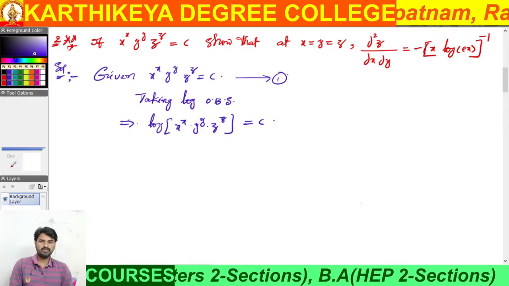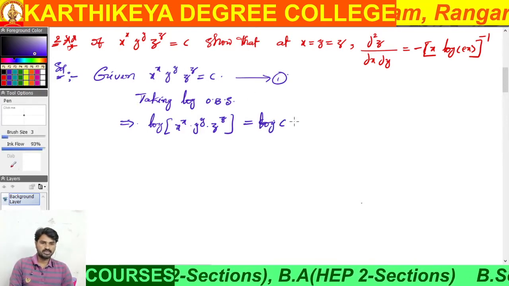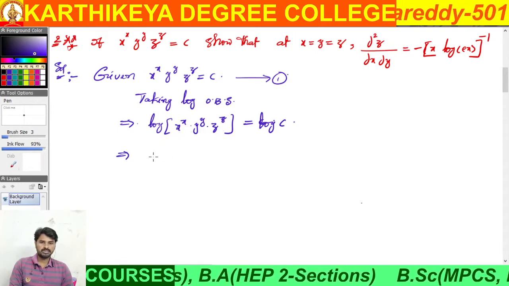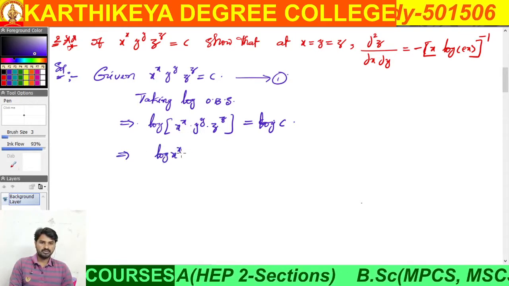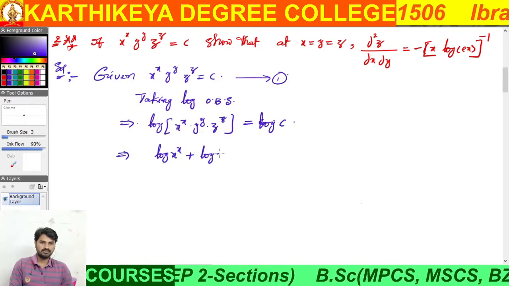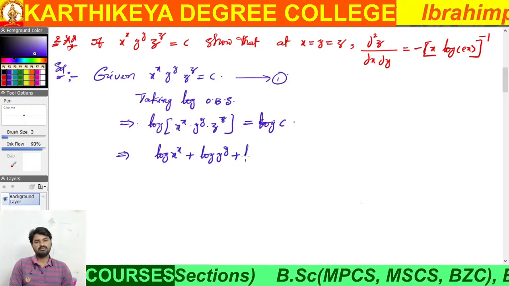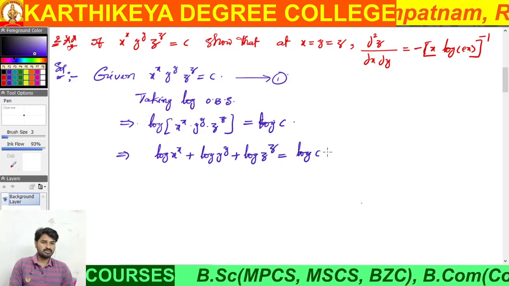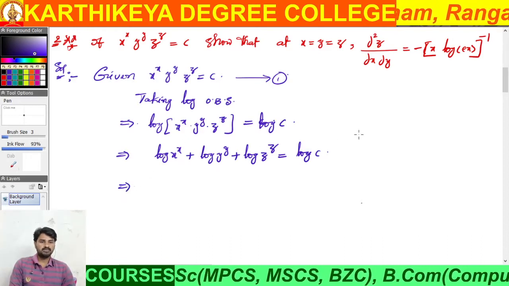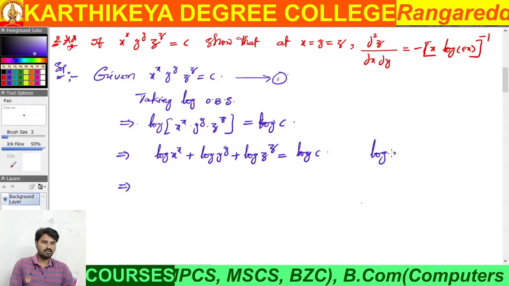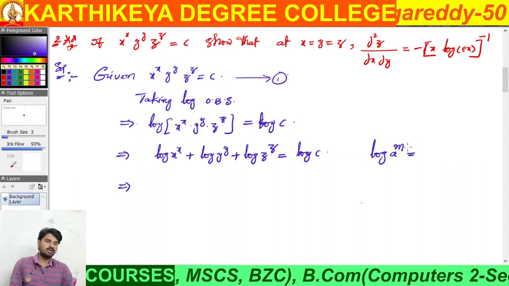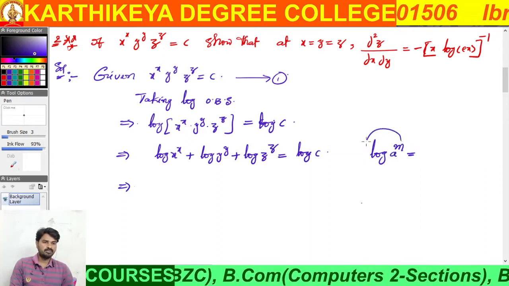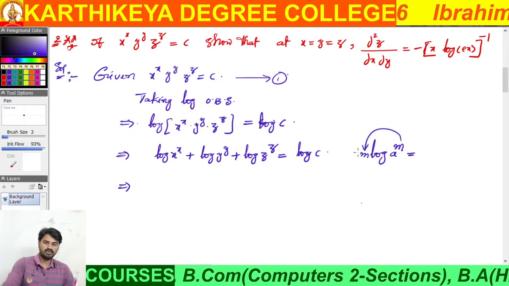So here we need to apply logarithm on c also. Now we can expand this one, log a into b into c, that is log x to the power of x plus log y to the power of y plus log z to the power of z is equal to log c. Next, there is a formula, log of a to the power of m, that means the log of a function having a power, this power will be brought to the front of the logarithm.